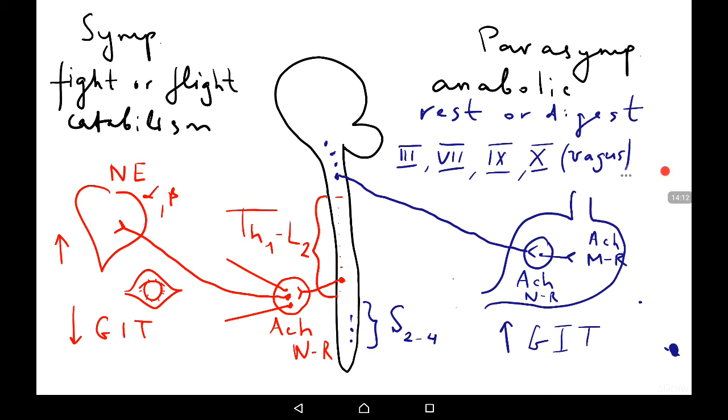Some functions are intensified by both the sympathetic and parasympathetic nervous system. For example, the salivation, the production of saliva is intensified by sympathetic and parasympathetic nervous system, but the composition of saliva is quite different. The parasympathetic nervous system stimulates the production of liquid saliva that is rich with enzymes.